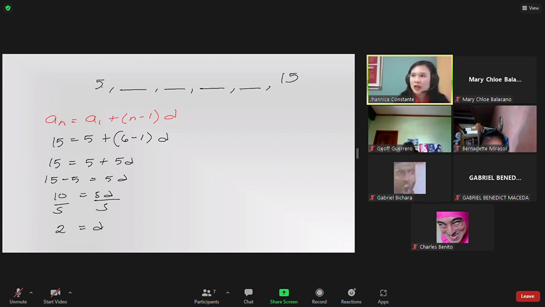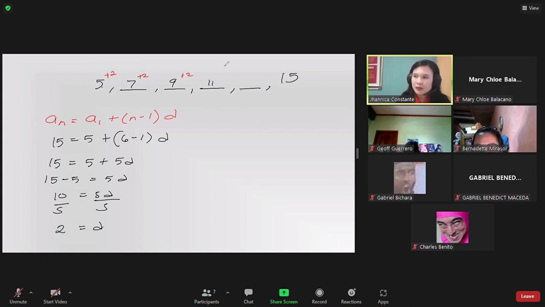Since we have already our common difference, we can now proceed in finding the arithmetic means between 5 and 15 by adding the common difference that we have solved, which is 2. So 5 plus 2 equals 7. 7 plus 2 is equal to 9. 9 plus 2 is equal to 11.